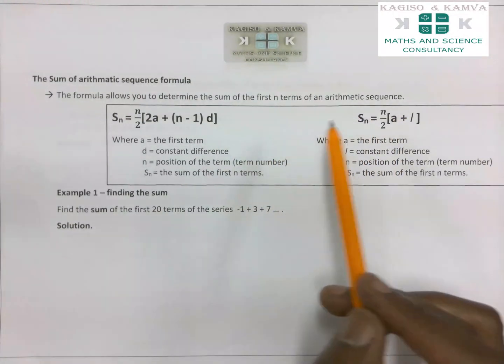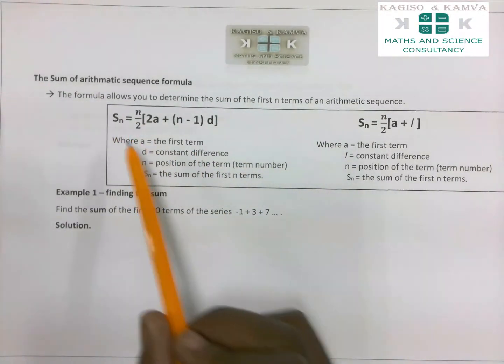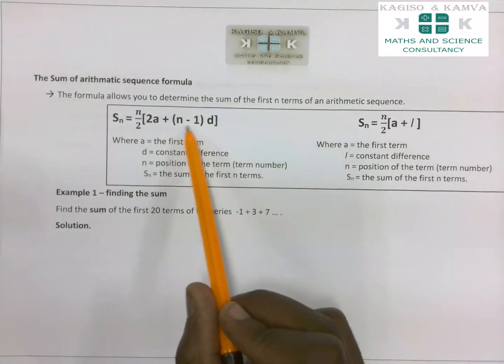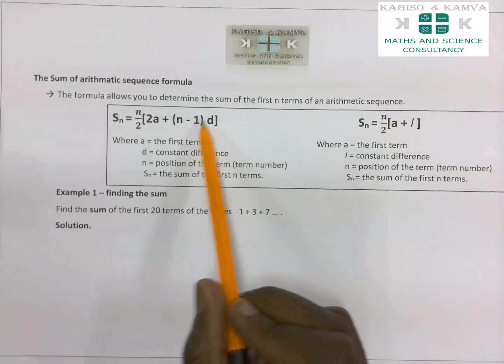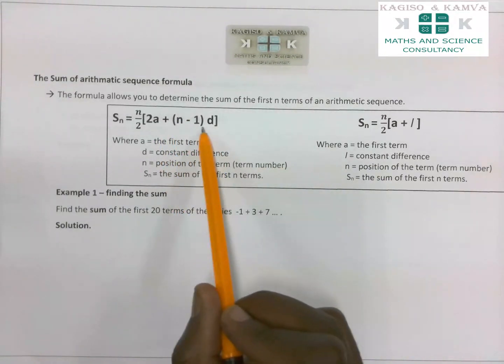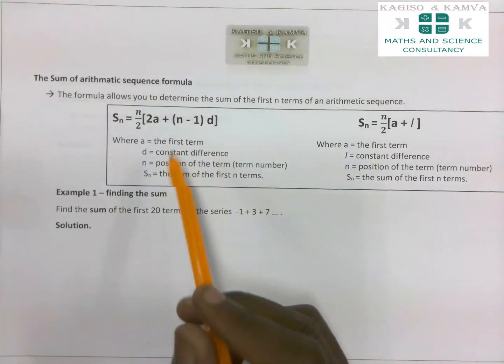Now the formula is like this: Sn is equal to n over 2, open bracket 2a plus (n minus 1) times d, close bracket.